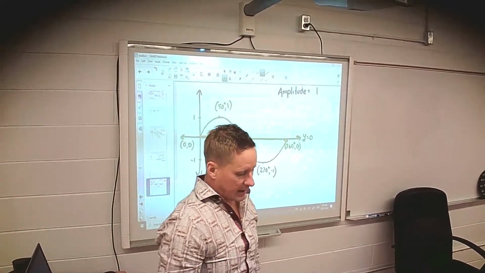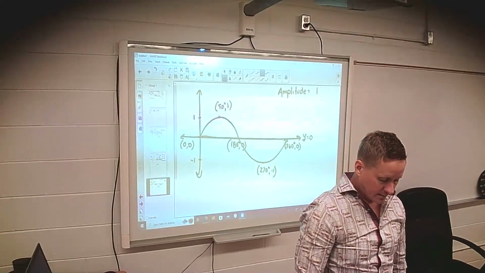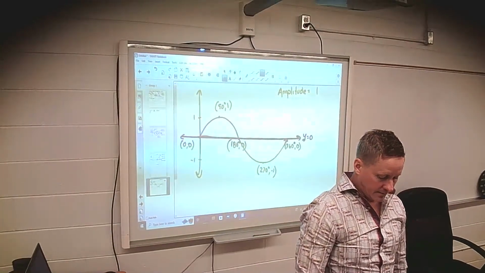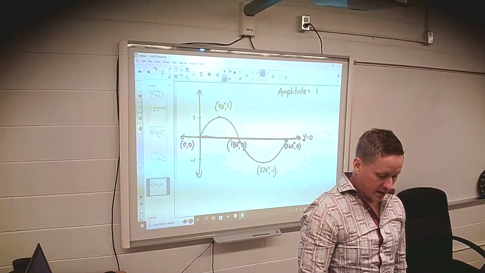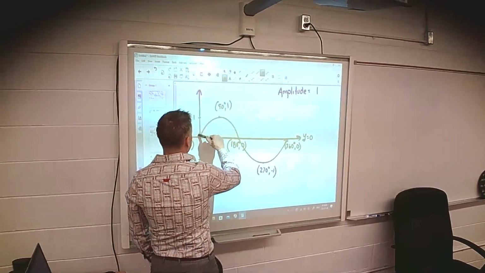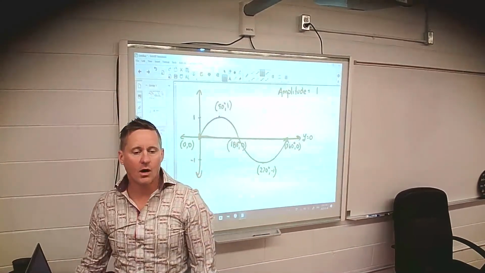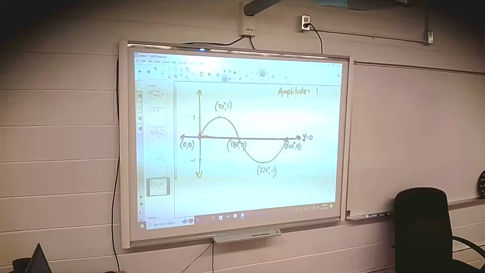So there's the first thing. The graphs of periodic functions have the following characteristics. I'm going to draw an arrowhead here and an arrowhead here. That means that they go on forever, left and right forever.